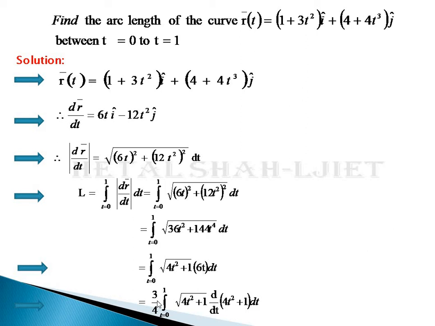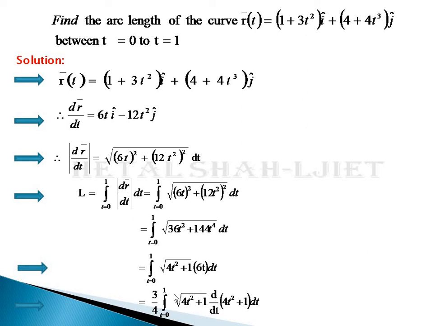But I want 6t, so I keep here 3 by 4. So 4 twos are 8, 3 twos are 6. Okay. So here this is a function f of t into f dash t.